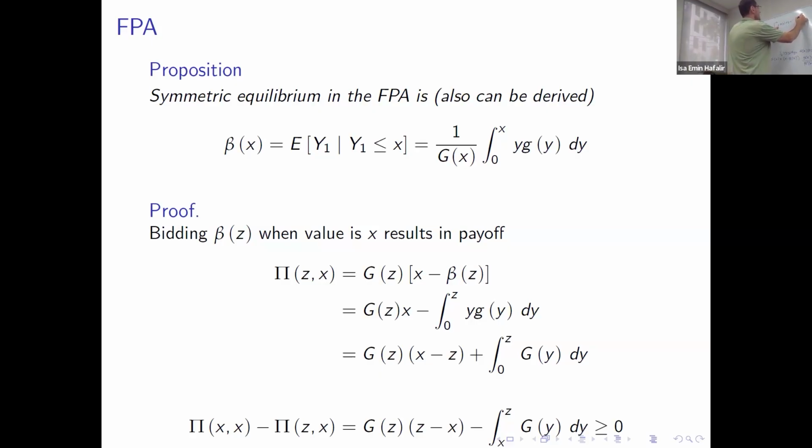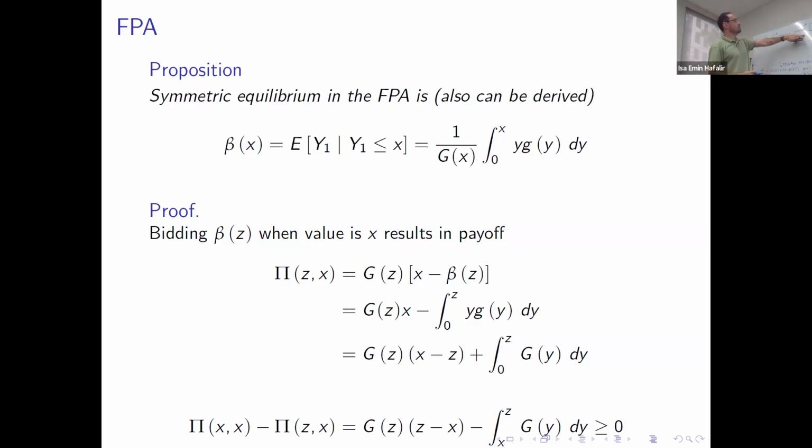as y times capital G(y), minus the integral from 0 to z of capital G(y) dy, evaluated from 0 to z as well.